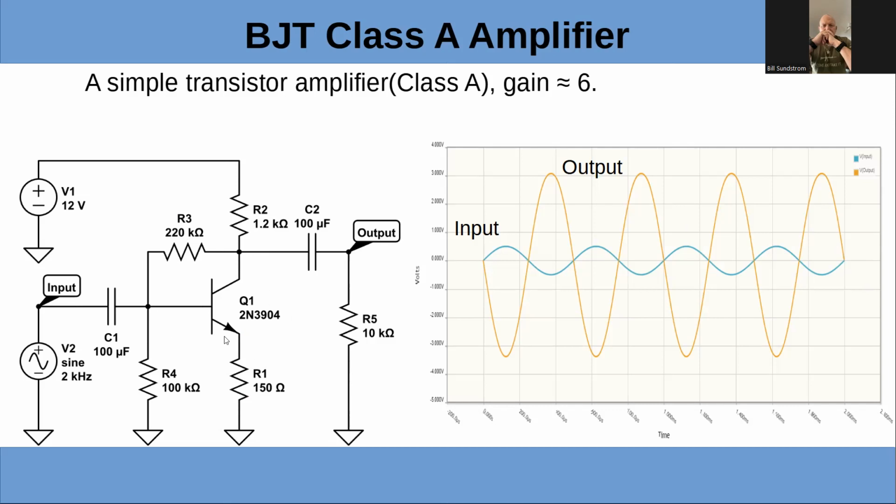Basically, for the Class A, these two resistors determine the bias voltage on the base. And there's a little bit of a negative bias in the emitter resistor, but the combination of these determines how much current is going to flow from base to emitter, which establishes the operating point.